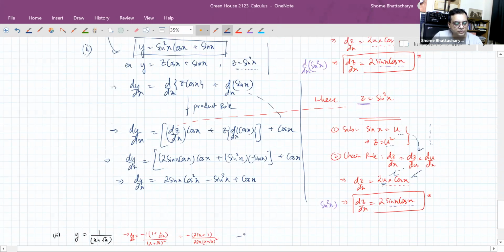So in this, what you can do is you can just treat y like 1 by z, where z is equal to this function x plus root x, and directly apply the chain rule. In this, you don't have to use multiple properties. It's just once you have to use the chain rule.